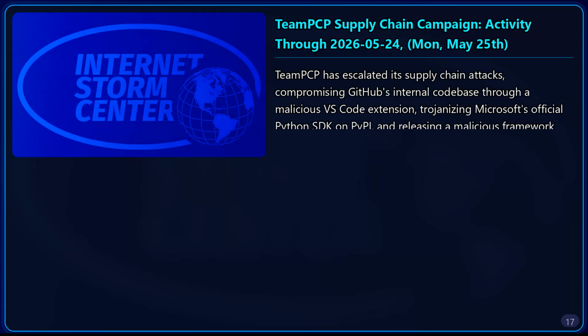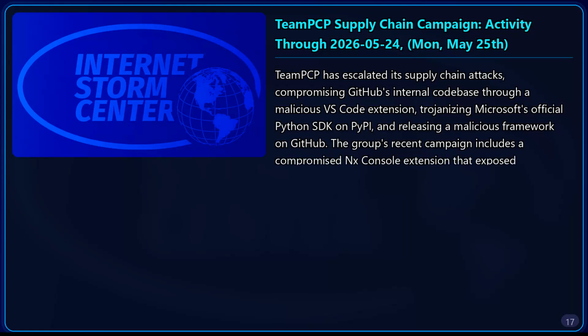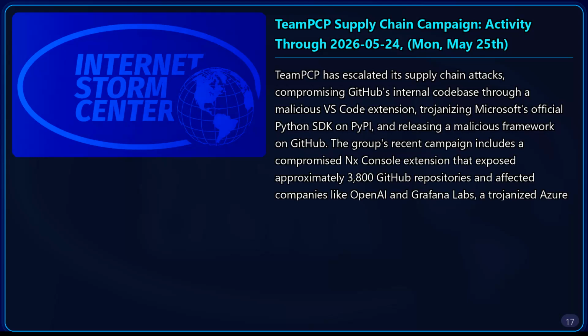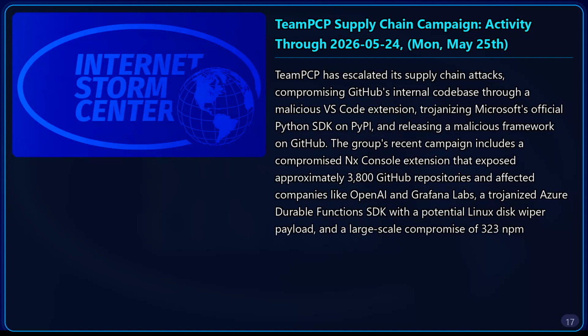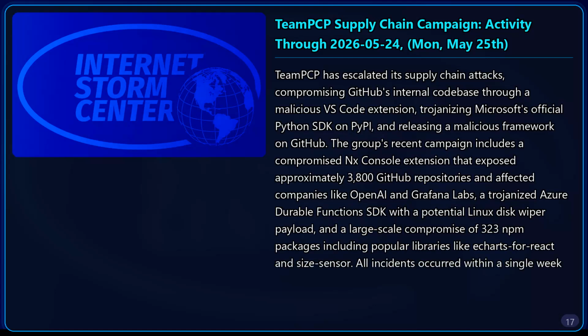The group's recent campaign includes a compromised Nx Console extension that exposed approximately 3,800 GitHub repositories and affected companies like OpenAI and Grafana Labs, a trojanized Azure Durable Functions SDK with a potential Linux disk wiper payload, and a large-scale compromise of 323 npm packages, including popular libraries like echarts-for-react and size-sensor. All incidents occurred within a single week, in May 2026. Security teams are advised to rotate exposed credentials and reassess trust in verified publisher badges.